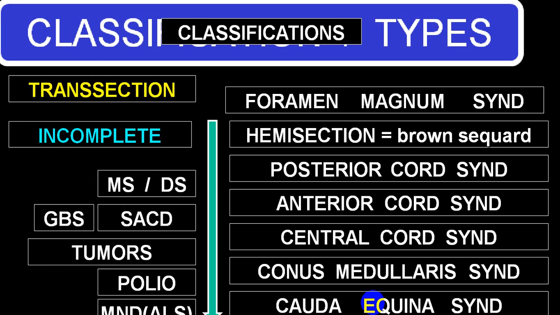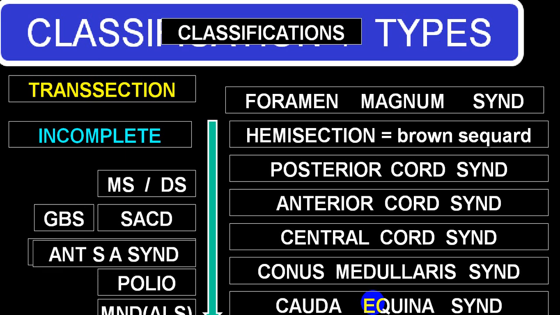So initially there will always be partial, then it can produce hemisection, and then in a late stage complete transection. It will always be gradual or slow onset, or what we call chronic, producing gradual compression, and that is most common in case of a tumor. Very rarely we have intramedullary tumors which will be expanding from the spinal cord and then producing the damage, like gliomas.